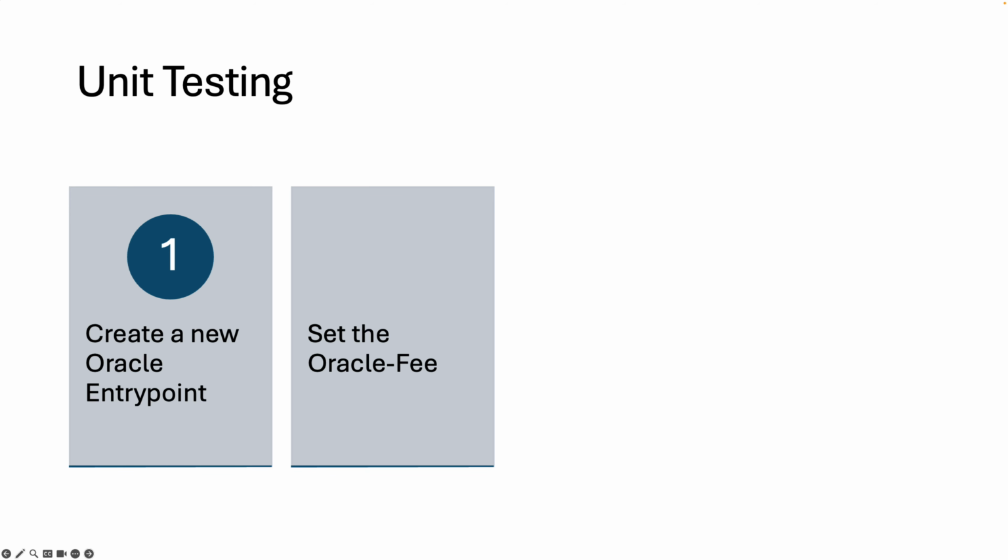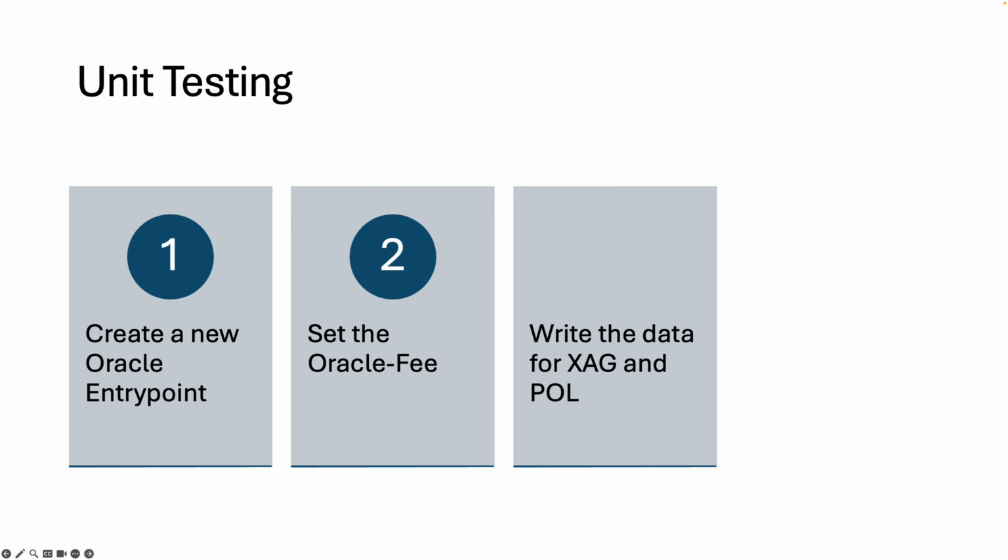And if you're creating a unit test, and we will create one in a second, there's two options you have. You can either fork what is on Polygon and override what is in the entry point, or you just create a very self-contained unit test, and I prefer that quite a lot over forking, where we create a new Oracle entry point, and then we set the Oracle fee, so it actually costs something to get data.